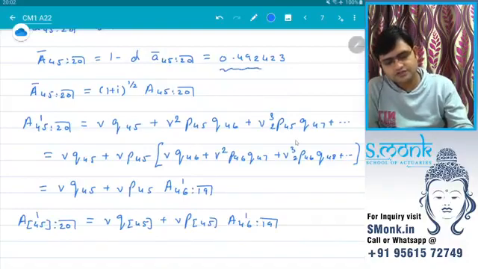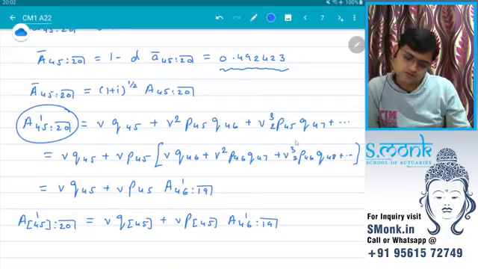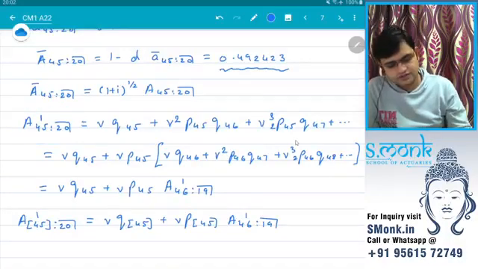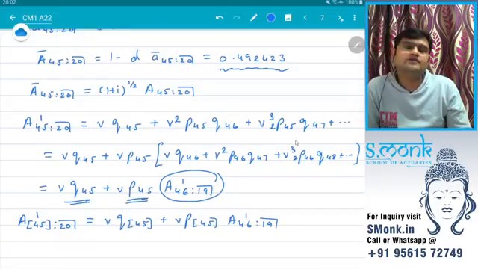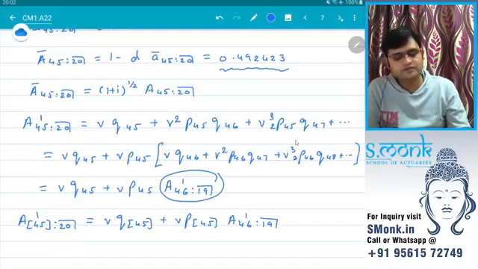From this we can calculate this. Again, these values come from the ELT15 male tables. You have q45, p45 values from ELT15 male.